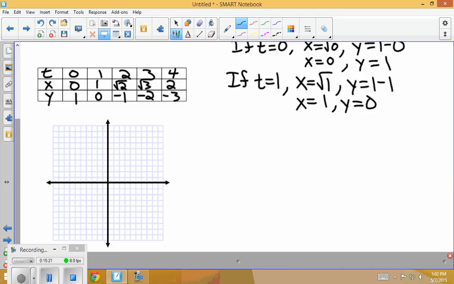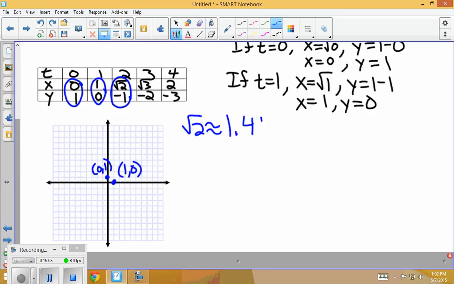So we have the point x is 0, y is 1. So we have 0, 1. We have the point 1, 0. We have the point the square root of 2 and negative 1. Remember that the square root of 2 is approximately 1.414.